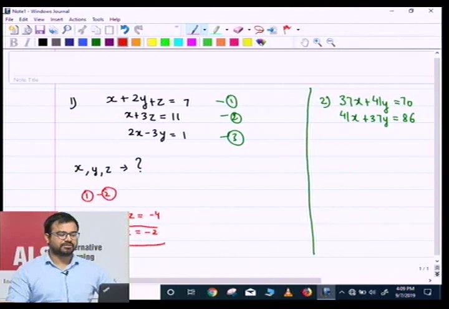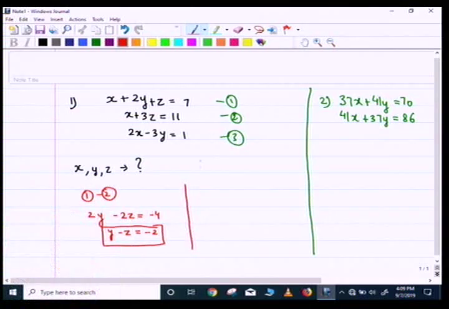You will get this equation on subtracting first and second. Similarly, I can take the second equation multiplied by 2 minus the third equation.